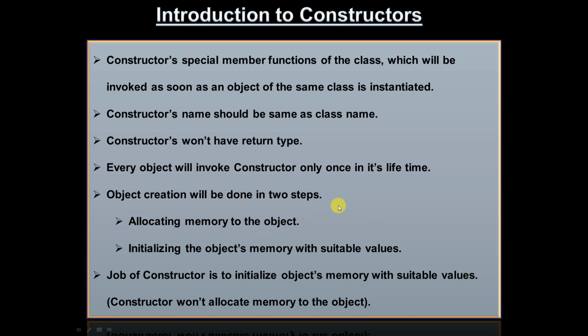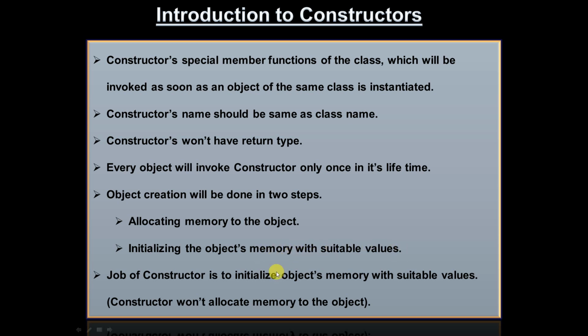The second step is initializing the members of the object. For example, in an employee object I have the employee ID as well as the employee name, and I initialize the object's memory with suitable values.